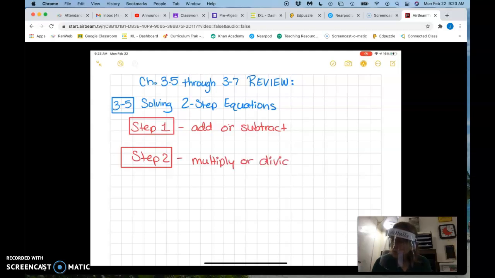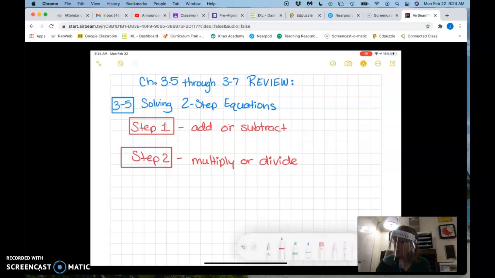And these are the main ones that we use, but does anybody remember what we are actually doing when we solve equations? We're doing something in reverse. What are we doing in reverse? If it's add, you subtract, you add. Yes, that's correct. But I was looking for PEMDAS.